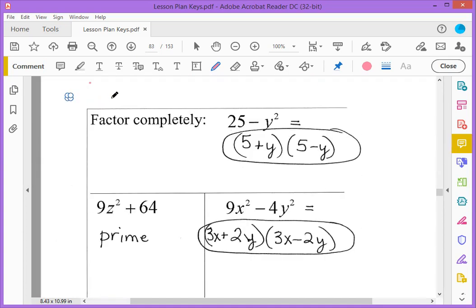All right, let's look at the next example. We have 25 minus y squared. Now, we have two terms, we're taking the difference of them, and both of those numbers are perfect squares. This is that special case from before, where we have a difference of perfect square numbers. What you want to do is identify your a term and your b term.